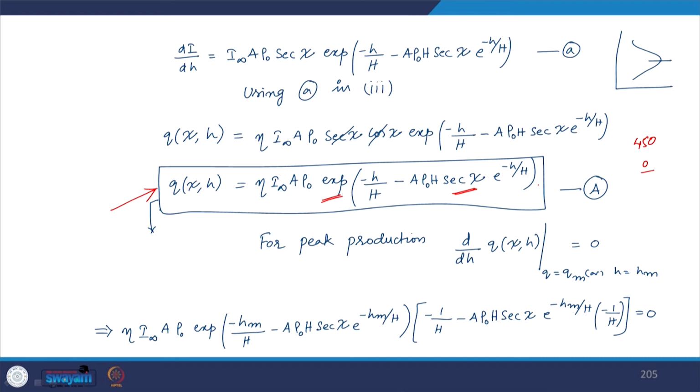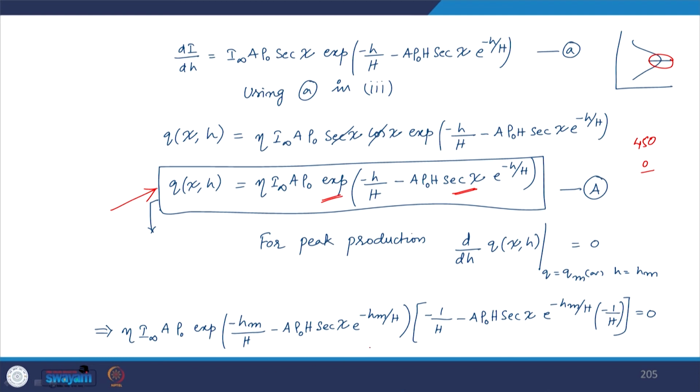It will be a curve. We want to see what happens at the peak production height. Mathematically it is a maximum, where the derivative of the function becomes 0 at the turning point. So we take the derivative d by dh of Q equal to 0.